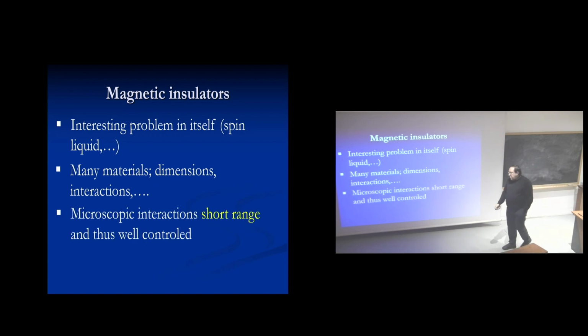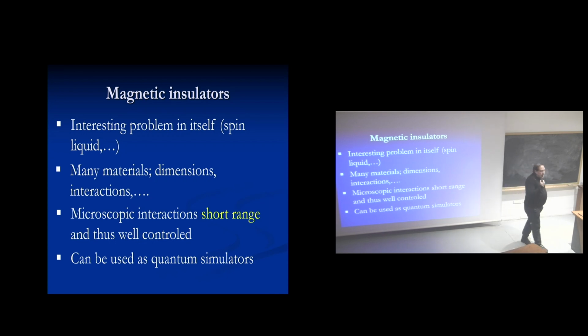And the point that I want to use here for the next 20 minutes is that the microscopic interactions in a magnetic insulator are usually short range, and thus we know the microscopic Hamiltonian very well. So it means that we can use magnetic insulators as quantum simulators, the same way we use cold atoms as quantum simulators.